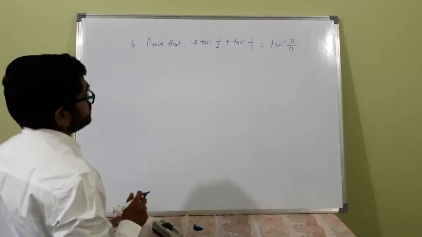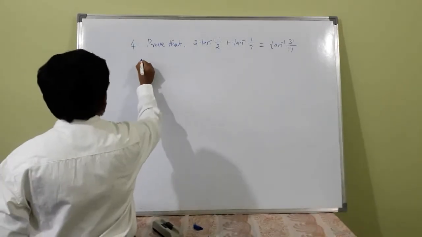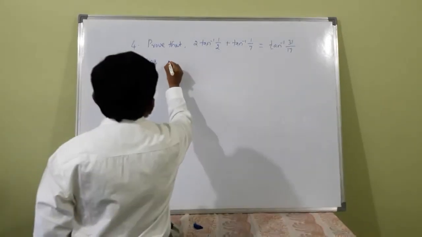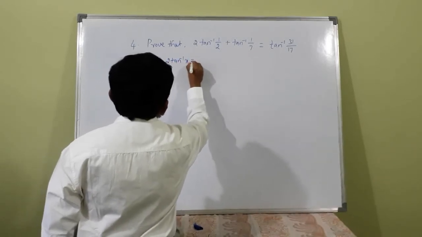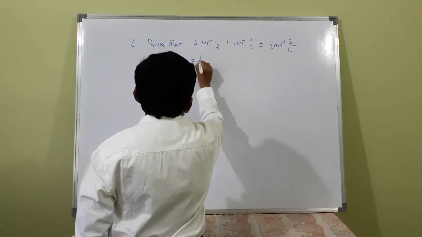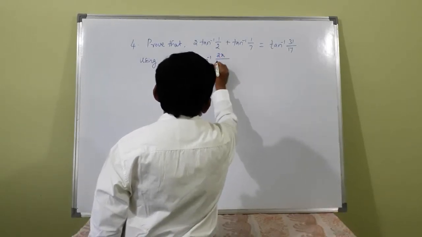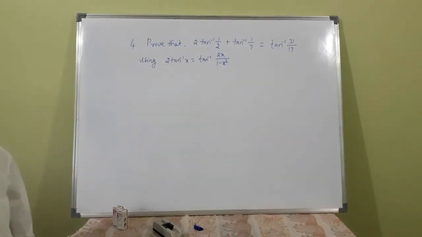So you have to apply two formulas here using 2 tan inverse x is equal to tan inverse 2x over 1 minus x square. If you remember one formula, that is enough.